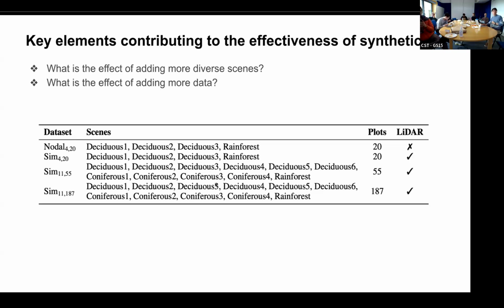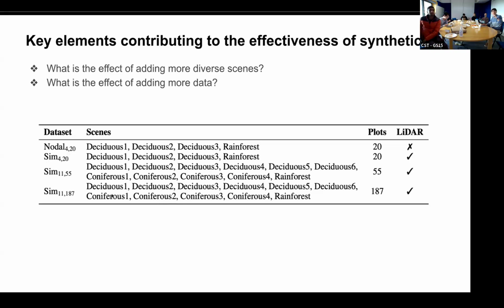And the third row is that everything still contains 5 plots, but we're just extending the scenes from 4 scenes to 11 scenes. So we're just adding 7 more scenes, mostly coniferous scenes, because the original 4 scenes are mainly deciduous. Here we're going to add more coniferous scenes.